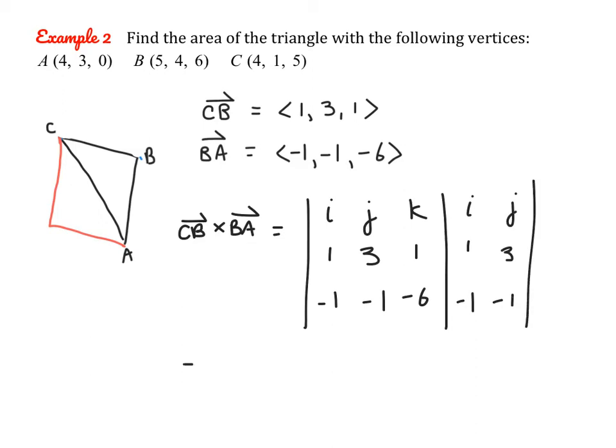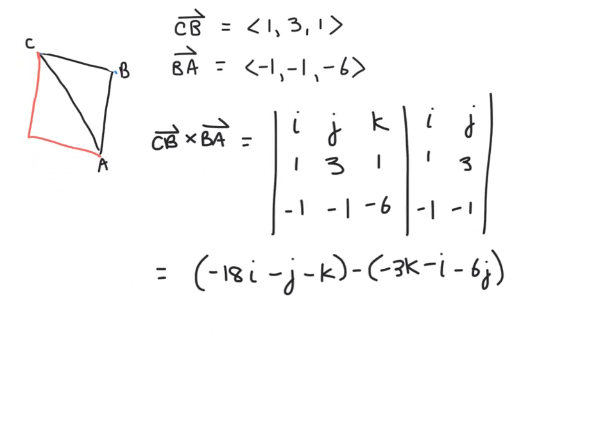Okay, so our cross product here should be negative 18i minus j minus k minus negative 3k minus i minus 6j. So this should yield the cross products.